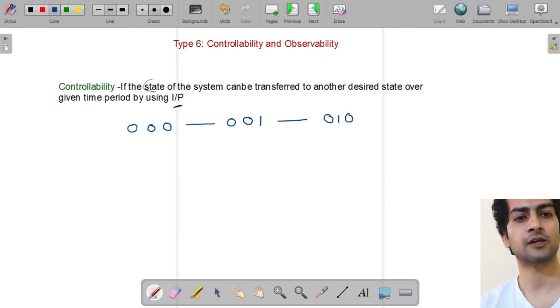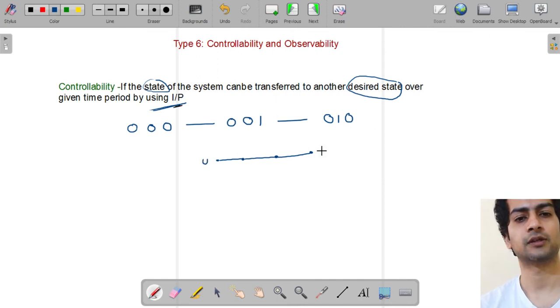If the state of the system can be transferred to another desired state by using input. Now suppose we have an SFG like this.